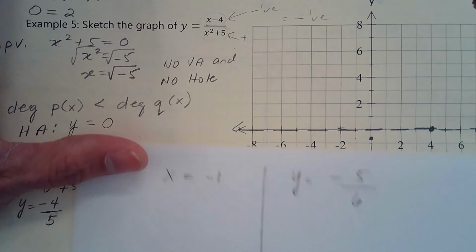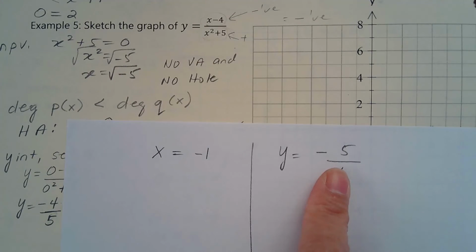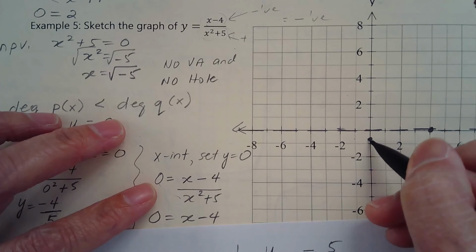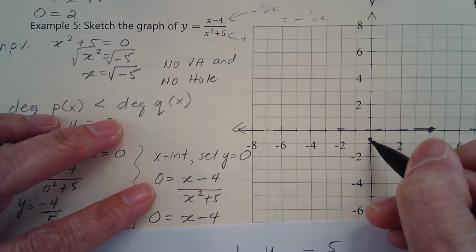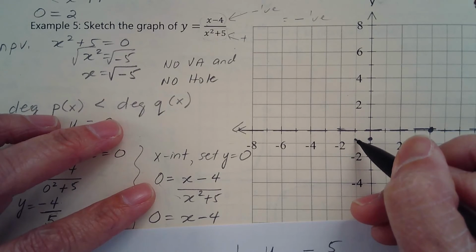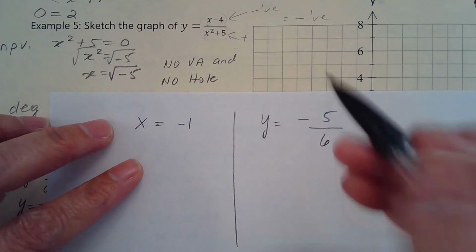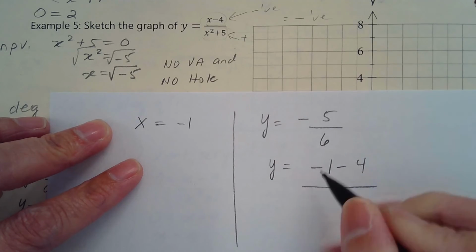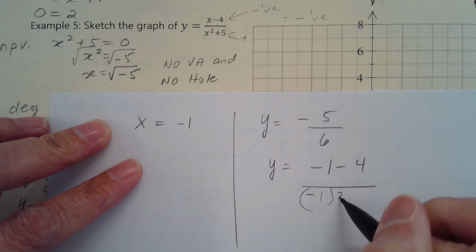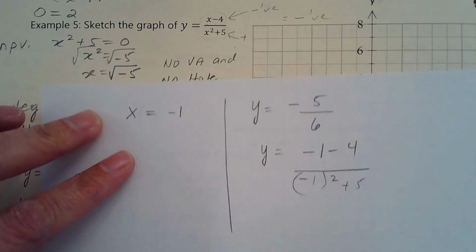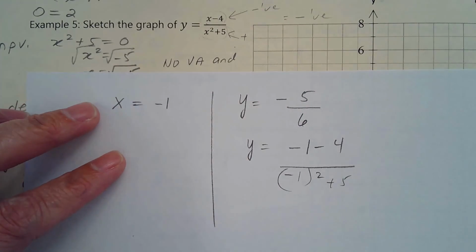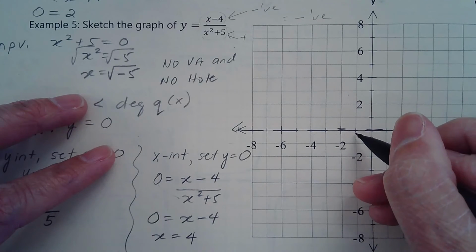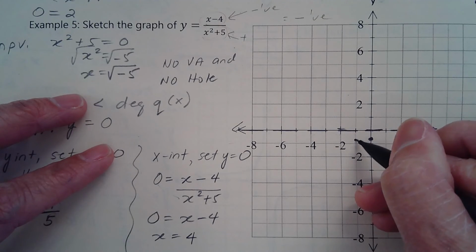How did I pull that out? So this is x is 0. Now we're going to pick x of -1. So y equals -1 minus 4 over -1 squared plus 5. Yeah, okay. So that's -5/6. Okay, -1, -5 over 6 right there.